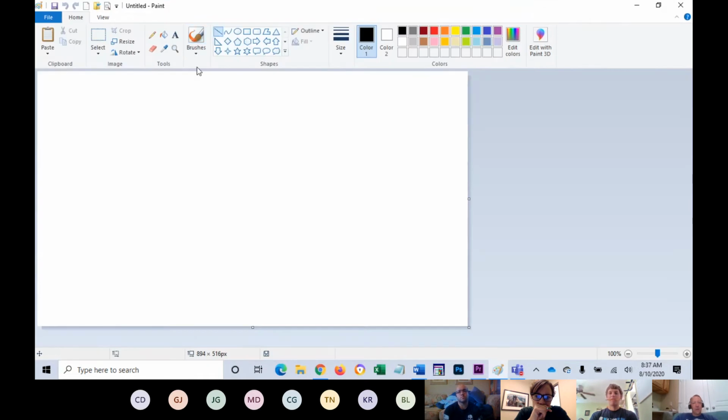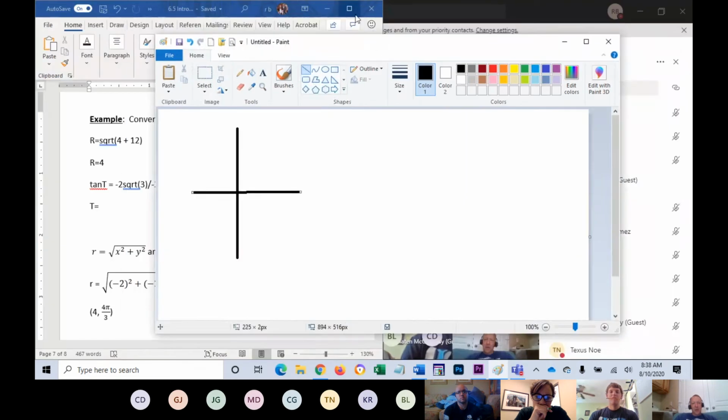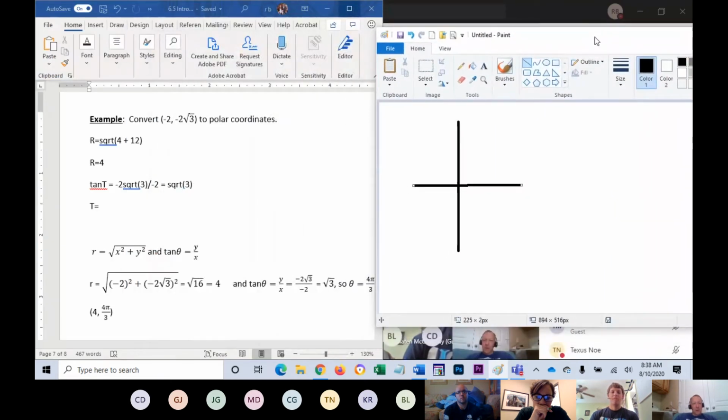So if I draw my graph here, we're in rectangular coordinates, so we're normal, right? And we're at -2 and then -2 square root of 3. So we're definitely in quadrant 3, right?